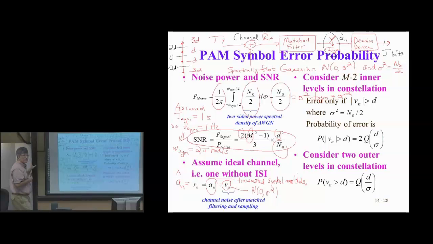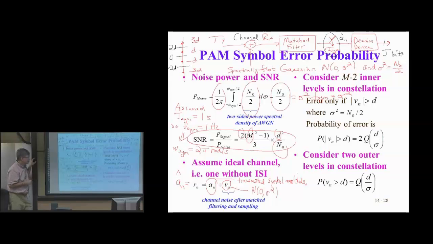How many comparisons do you think you would need to figure out what's the closest symbol amplitude? Good. 2. How would you get it to 2? Right, divide and conquer. So first compare against 0, see which side you're on, then do one more comparison to figure out which of the 2 remaining levels. It is like a binary search. You're reducing the search space by a factor of 2 each time.